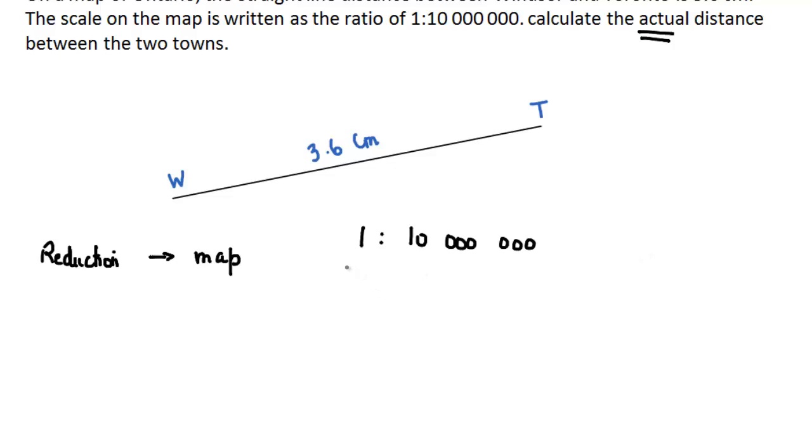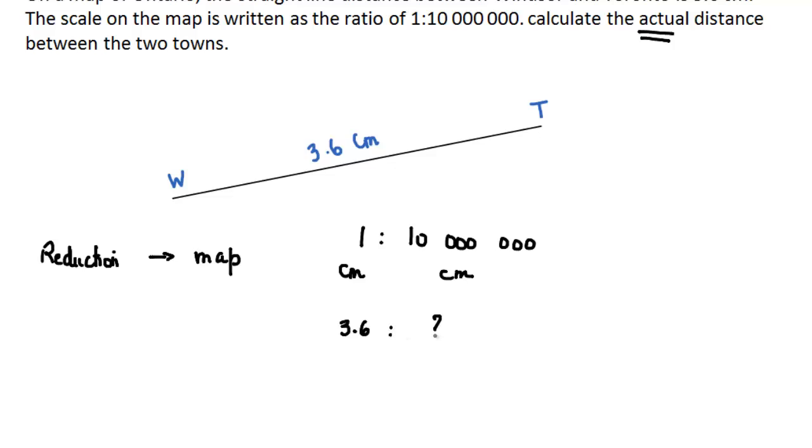That means 1 centimeter on paper equals 10 million centimeter in reality. Excellent. Now, what is the distance between Windsor and Toronto on paper? It's 3.6.